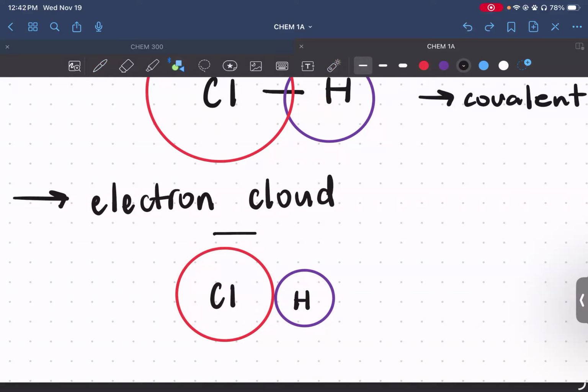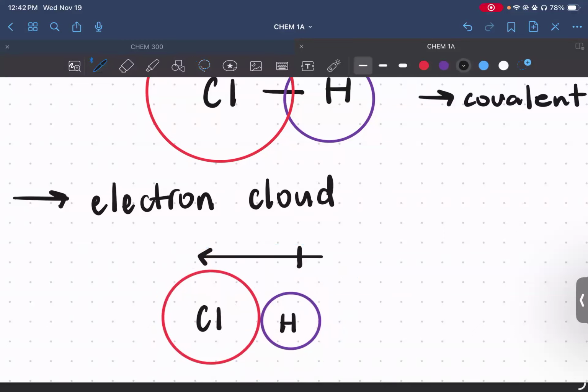We draw an arrow with a line passing right through it like so. And this arrow represents what's known as polarity.